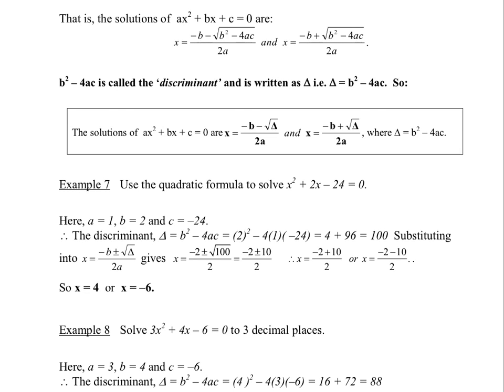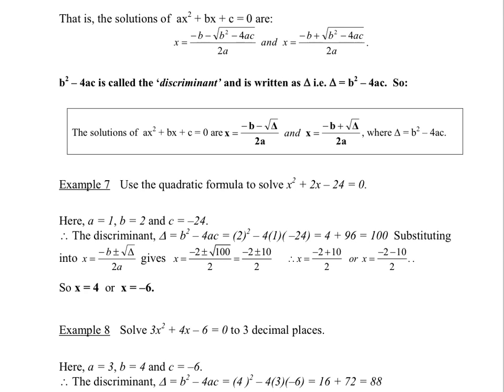The discriminant is going to be b squared minus 4ac, so that's 2 squared minus 4 times a, which is 1, times c, which is negative 24. That's written down here; when you do that calculation, that gives you 100.